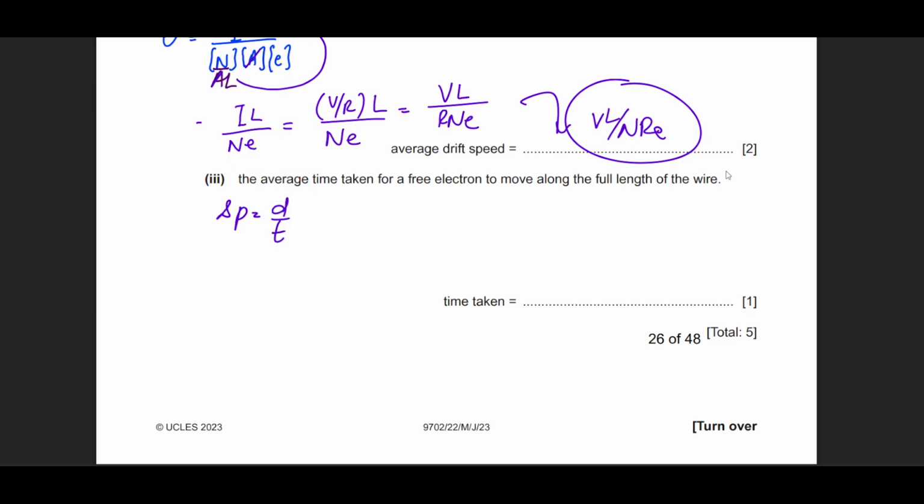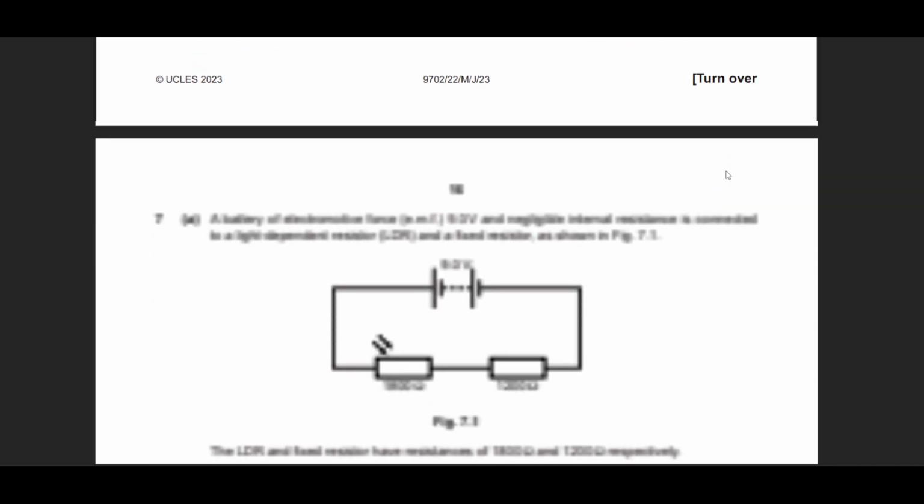So d will be changed to L, and speed, velocity will be changed to VL divided by NRE equals L divided by t. Since he wants us to find time, let's first cancel out the variables to make it simple. L gets cancelled out and we have to find t. So t gets cross multiplied. We get t is equal to NRE divided by V, a simple reciprocal of this equation. So NRE divided by V will be our time taken.